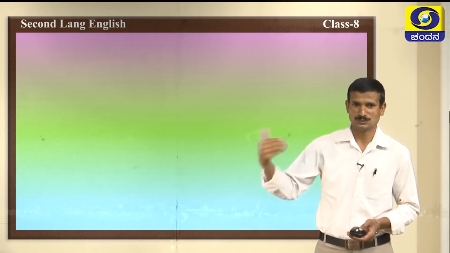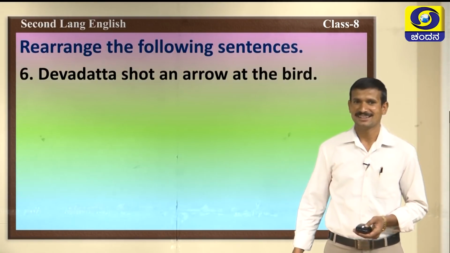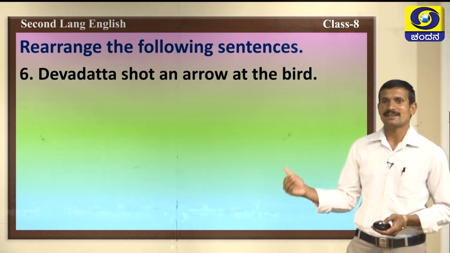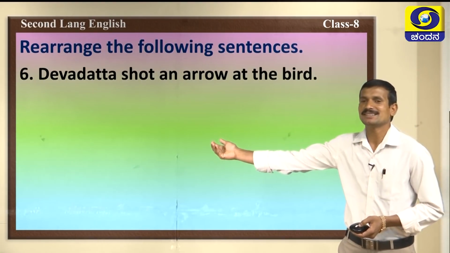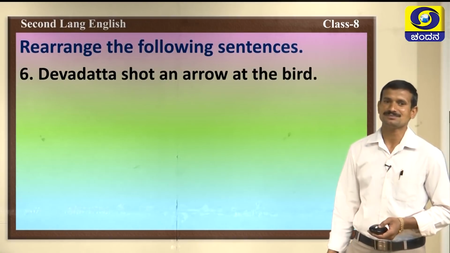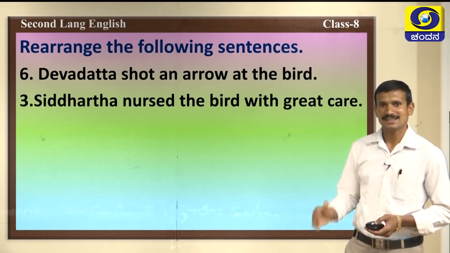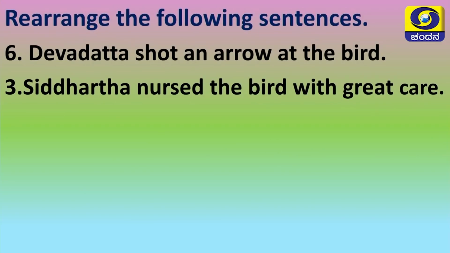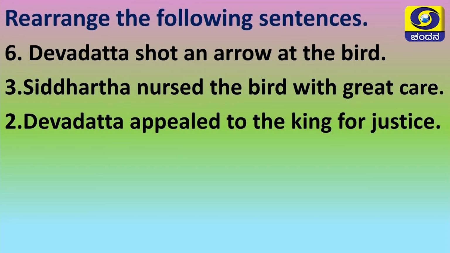The first one is, Devadatta shot an arrow at the bird. This is the first sentence. Next one, Siddhartha nursed the bird with great care. This is the second sentence. Next one, Devadatta appealed to the king for justice. Because Siddhartha nursed the bird with great care, he wouldn't give it to Devadatta.